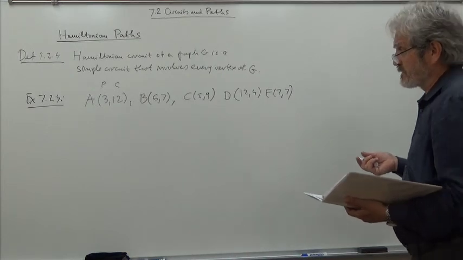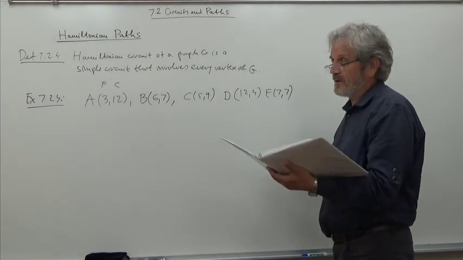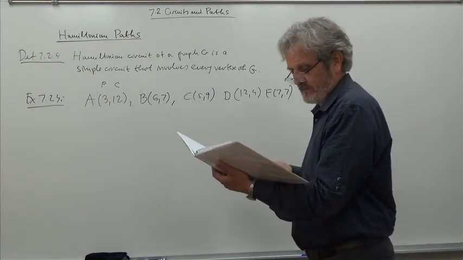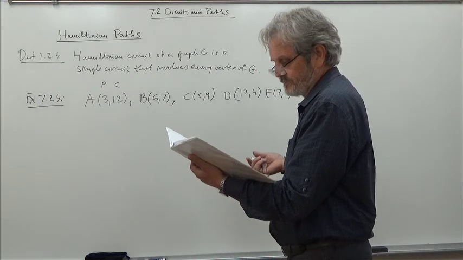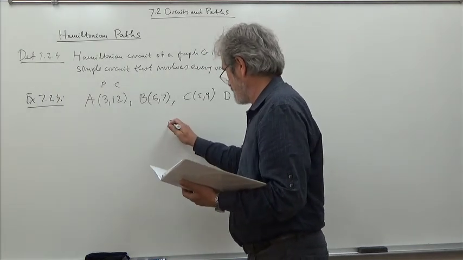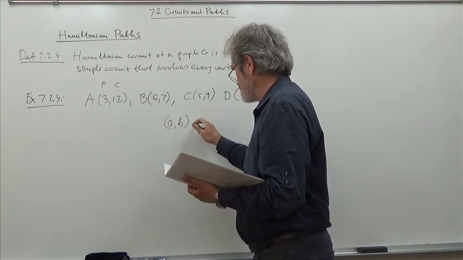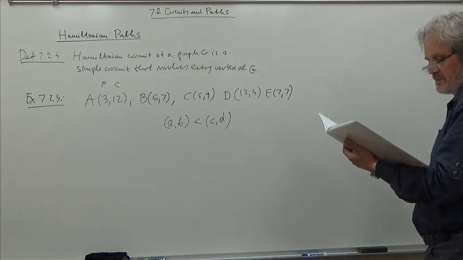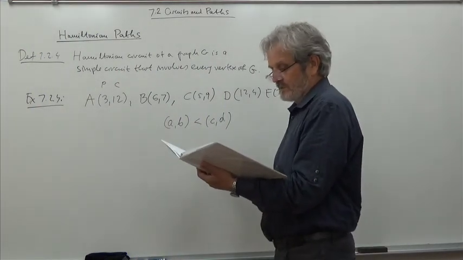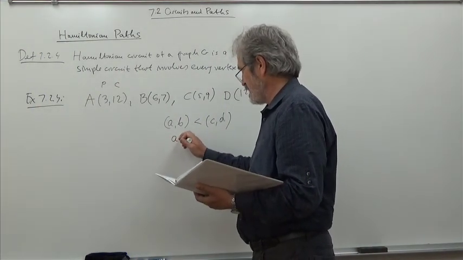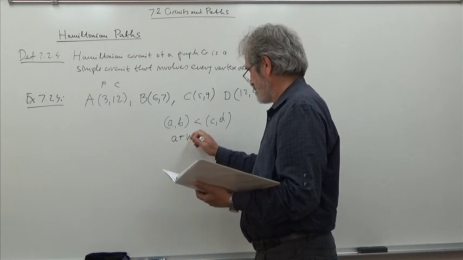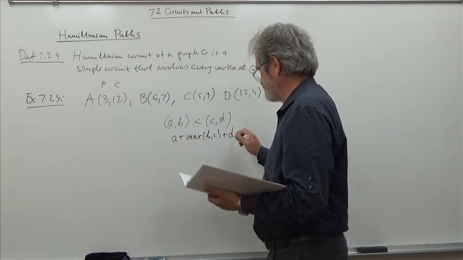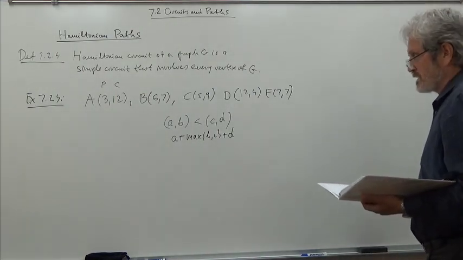We actually developed a criterion for when it is better to do one apartment than the other. So we say the following: if we do AB ahead of CD in our decision, then the total amount of time would be A plus max of BC plus D. Why is that?